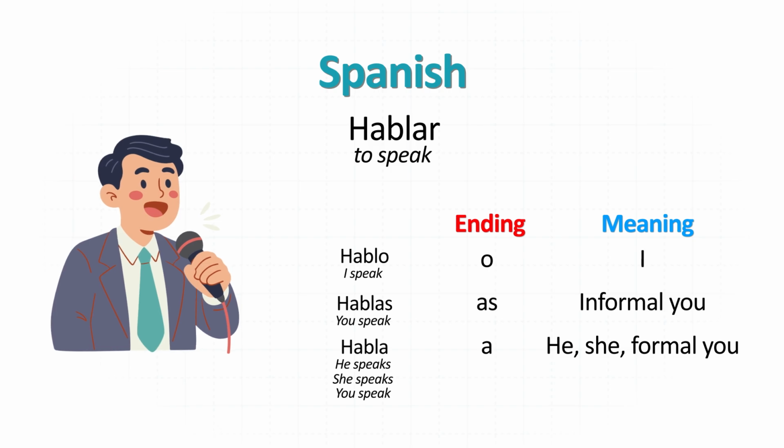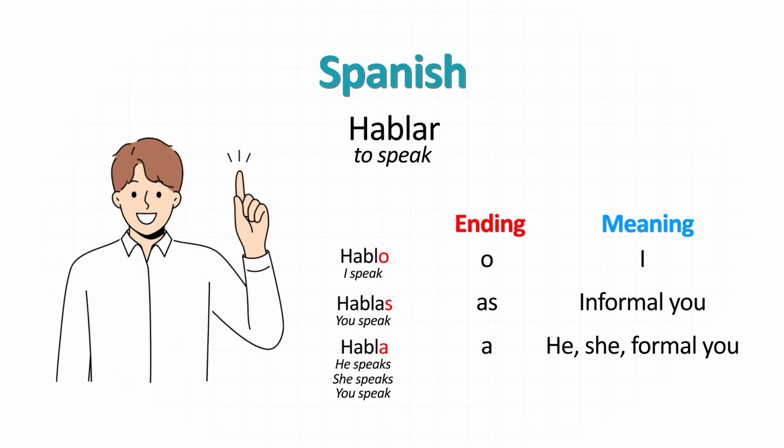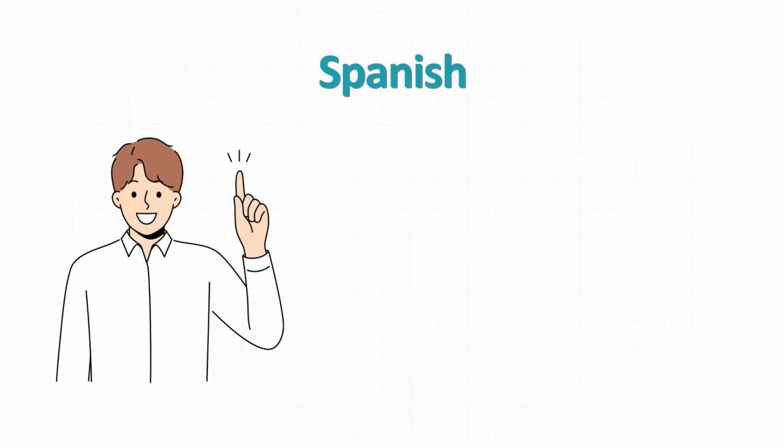Notice what's happening. Each form has its own unique ending. Hablo, hablas, habla. A Spanish speaker hears any of these words and instantly knows who's doing the action. The verb carries that information in its ending. This is why Spanish speakers can drop the pronoun. They can just say hablo, and everyone understands it means I speak.